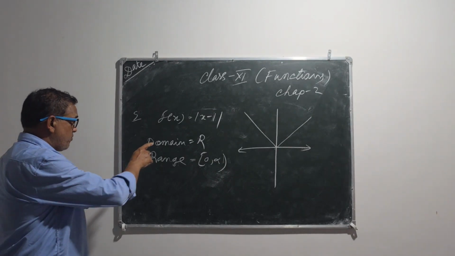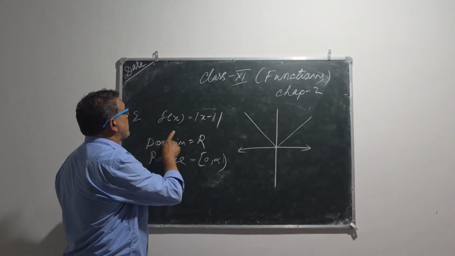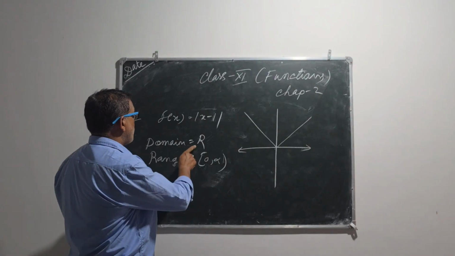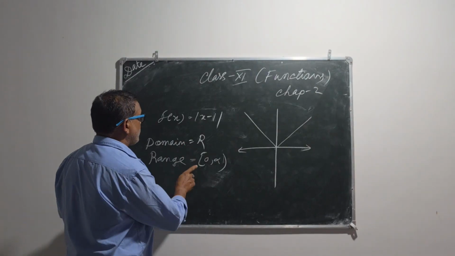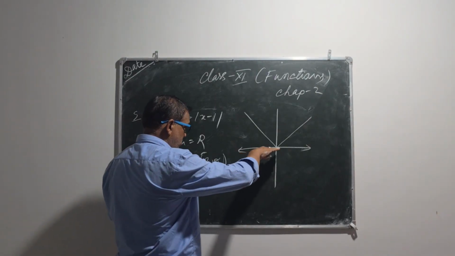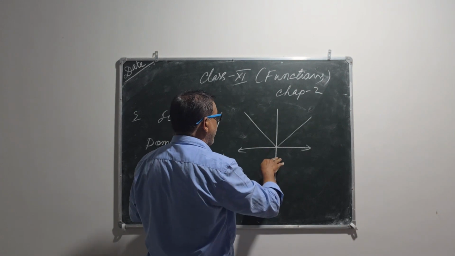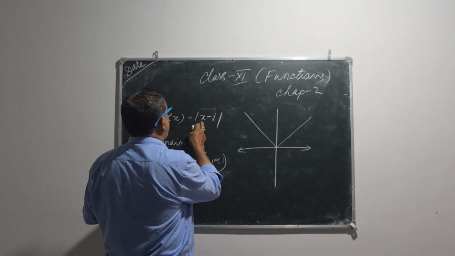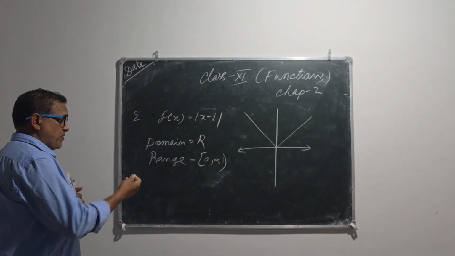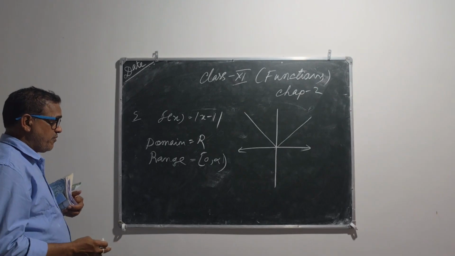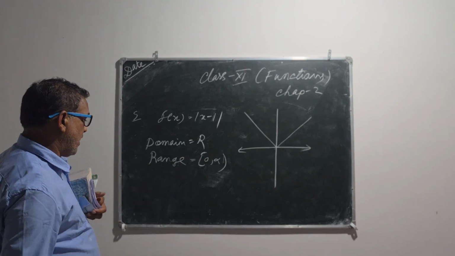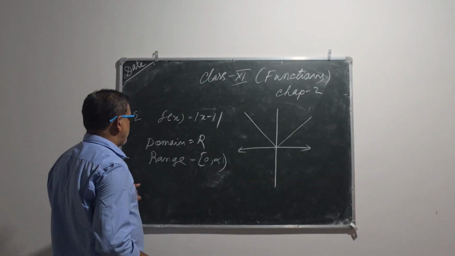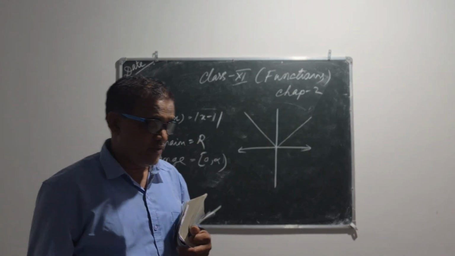For any real value of x the function is satisfied, so the domain will be R, and the range cannot go down toward the negative side. For any real value of x, f of x will always be positive. That is why 0 to infinity is the range of this one. So let's see the next question.